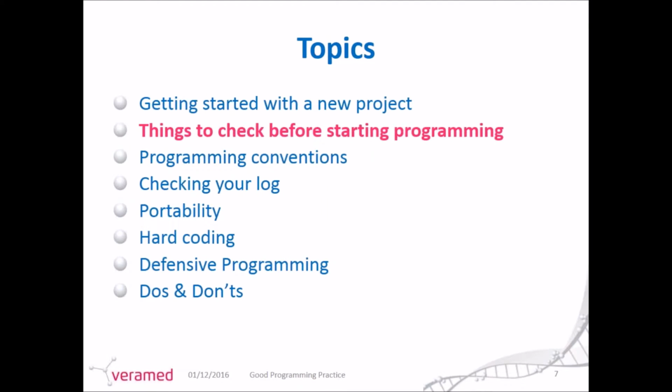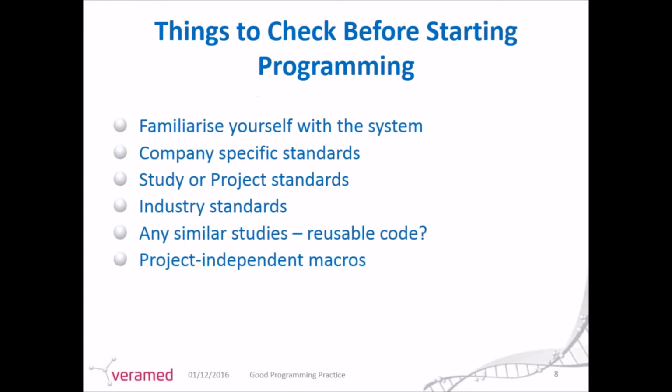So moving on to things to check before you start programming. If you work for a pharmaceutical company or consistently for the same client, a lot of the things on this list don't change. However, for some programmers, these change with every study that they work on.